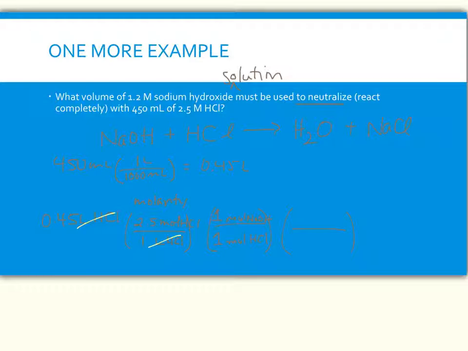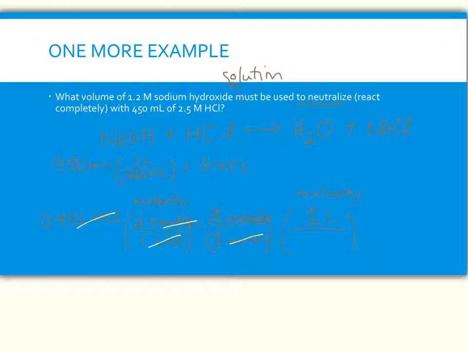And then the last step. This is going to be different than what we've seen before. So we're in moles of sodium hydroxide, and we want to know a volume. What's going to help us more here, a molar mass or a molarity? So since molarity has volume in its equation, molarity is what's going to be helpful here. So we're going to use a molarity again, but this time, where do the liters have to go? Are they going to still go on the bottom? Would that cancel out moles? Or are we going to put 1 liter on top and then our moles on the bottom?